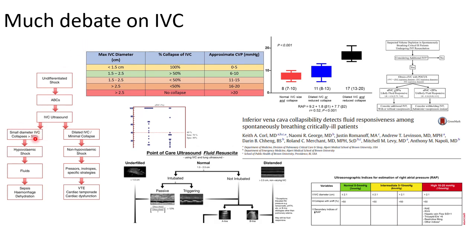So collapse 50%, this collapse 40%, variability 25%, and I will encourage you, if you're going to use IVC, to read more on the topic because there's a lot of debate. Things change with intubated patients.